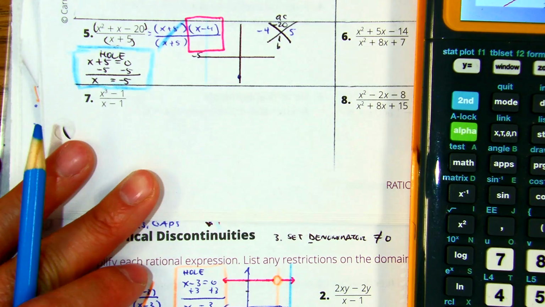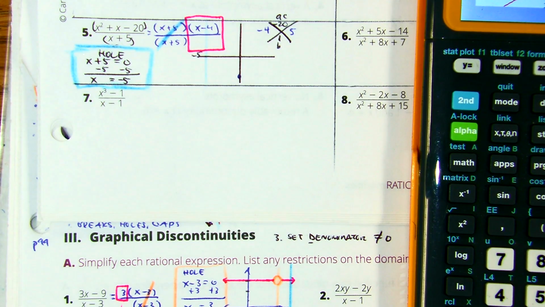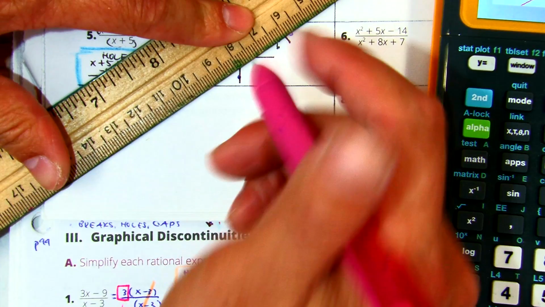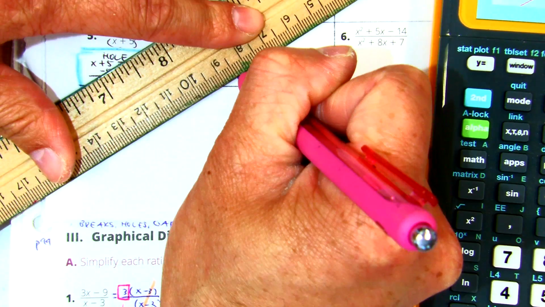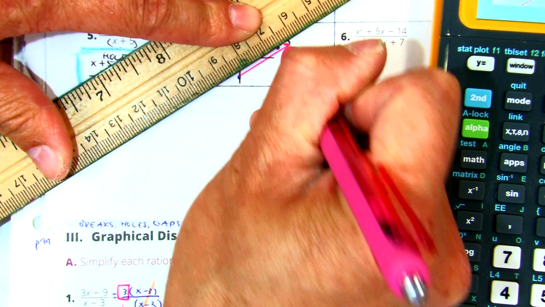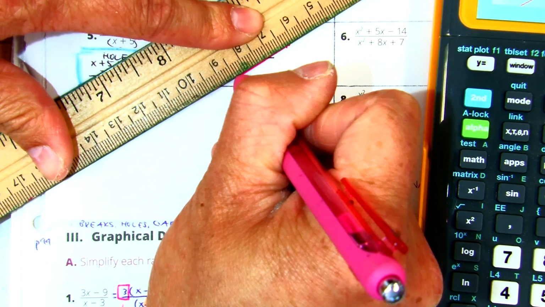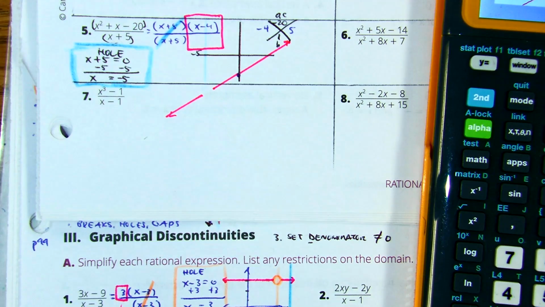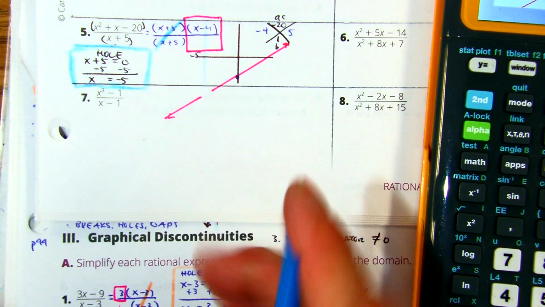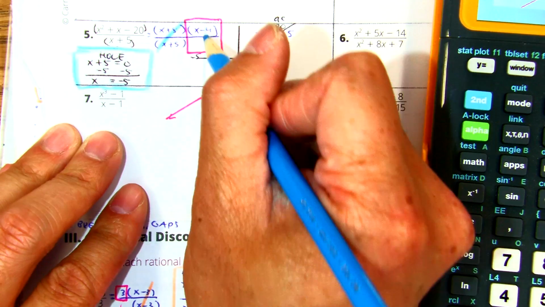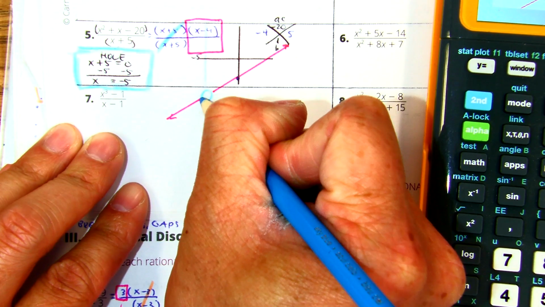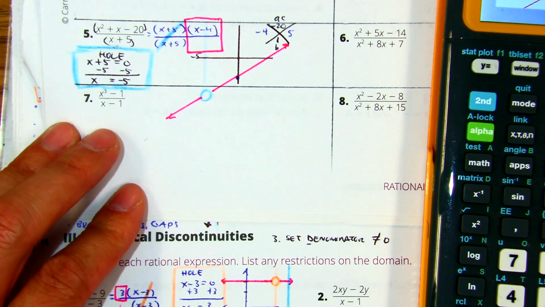Now if I draw this graph, oh, took too much space. And then kind of aiming where the donut's going to be. This is where my donut hole is, where this vertical line intersects the graph. And there you have a removable hole.